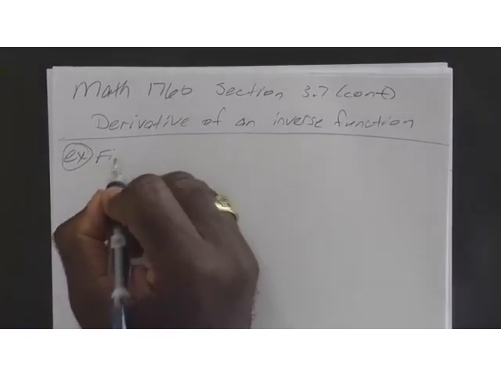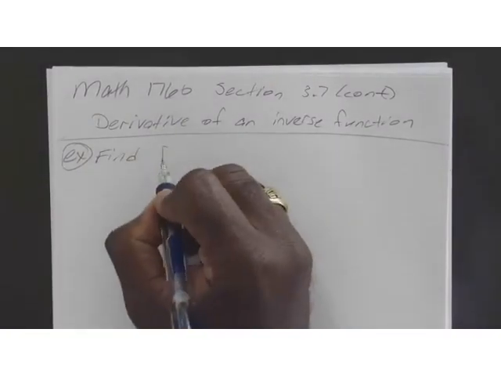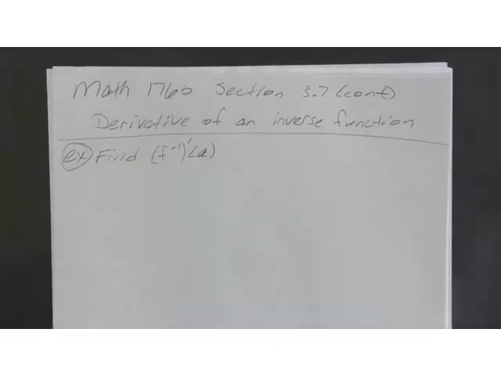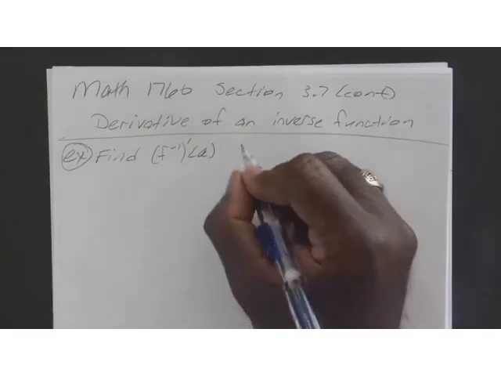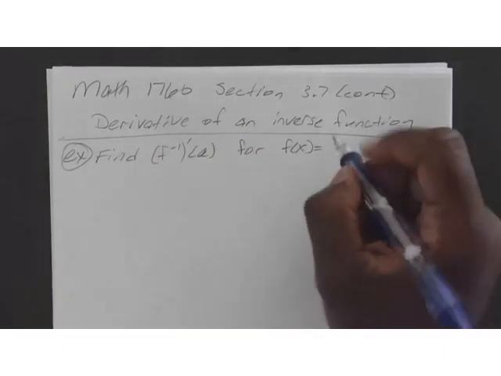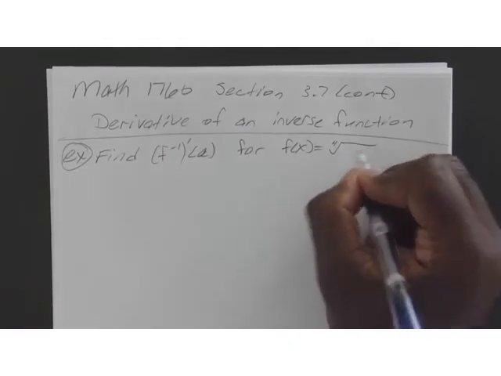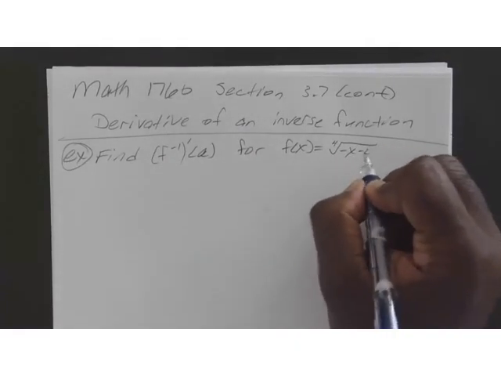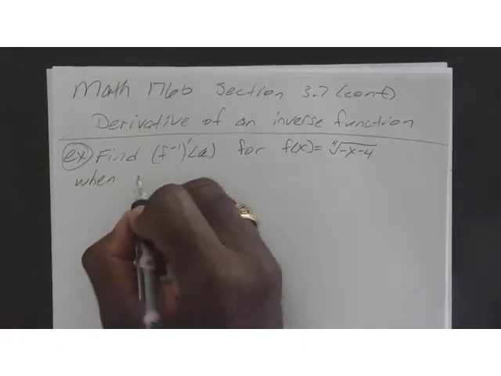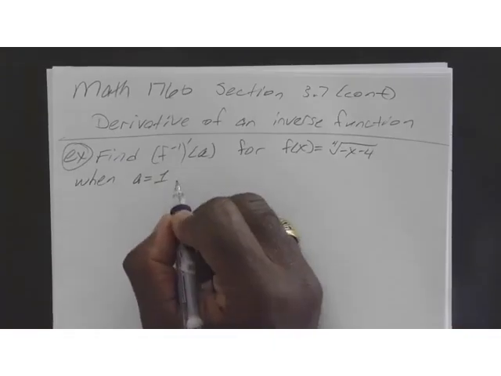Okay. So what if we want to find the inverse derivative at some value a for f of x equal to the fourth root of negative x minus 4, when a is equal to 1.